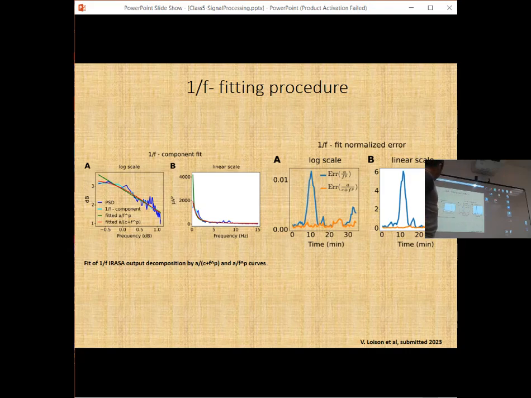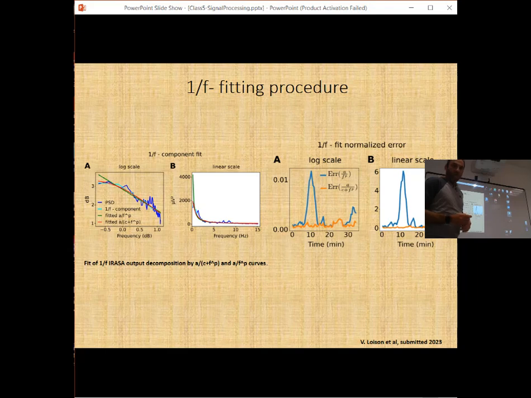You go in the log scale, you fit 1 over f to this power 1 over f in the green, and then you have to add the constant c, because it doesn't go to infinity, so you have to correct. And once you remove this component, you see sometimes there are things that are a little bit below, then you subtract, and you have the first peak in here and the second peak here, and then you can approximate.